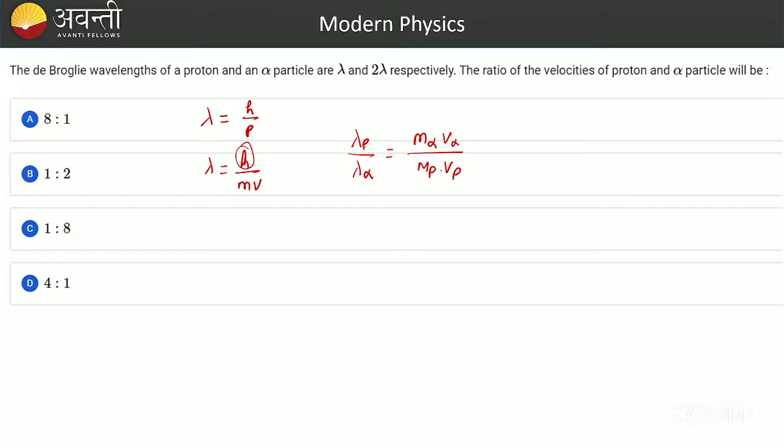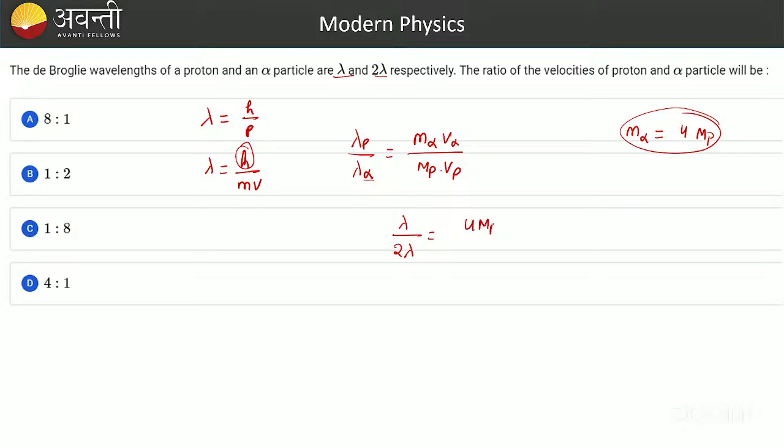Now lambda of proton is given as lambda. Lambda of alpha is given as 2 lambda. So lambda upon 2 lambda. You should know that mass of alpha particle is 4 times of mass of proton. It comprises 4 nucleons, so mass will be 4 times.